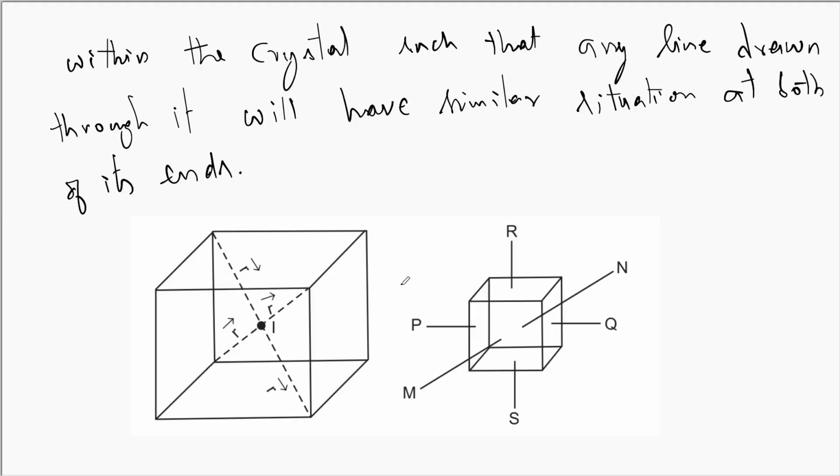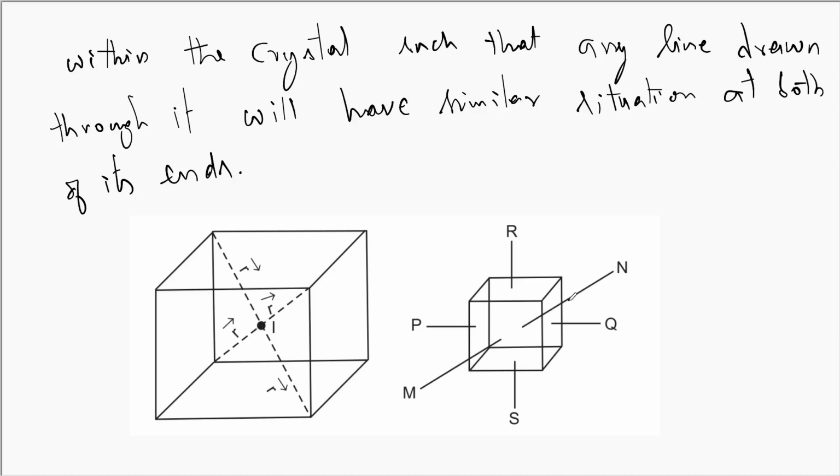Now consider this cube. The body diagonals of the cube are intersecting at the body center of the cube. They will have identical situation on both ends of the diagonals. As a result, this point becomes the center of inversion.